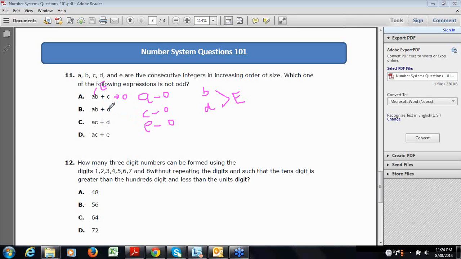Now AB plus D: AB is even, D is even, so the expression is even. Now AC plus D. AC will be odd into odd, odd, and D will be even. So it will be odd.